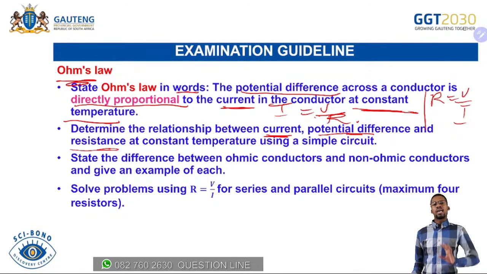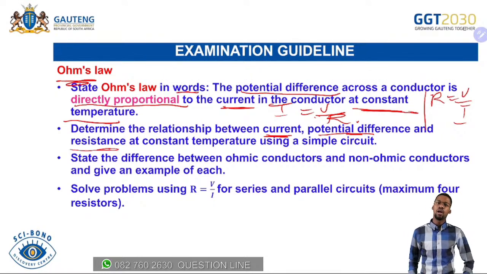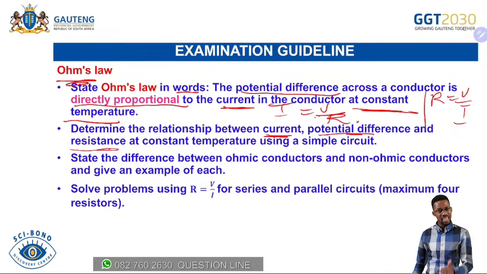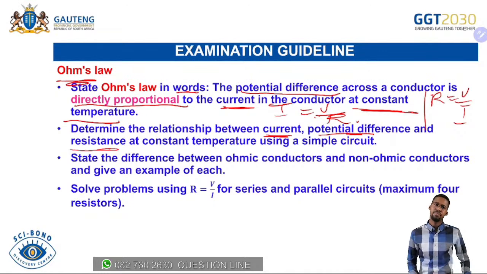The exam guideline says to pay specific attention to the relationship between current, potential difference, and resistance, because in circuits we are looking at how they affect and impact each other.